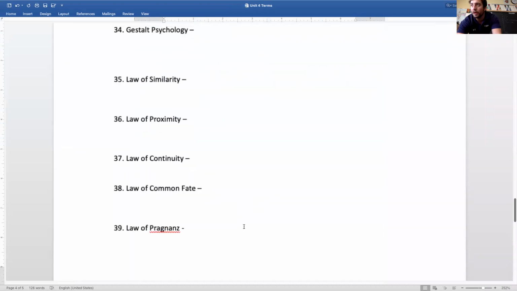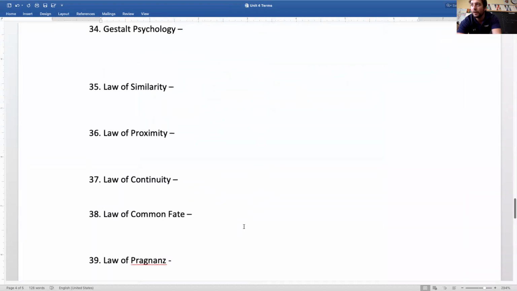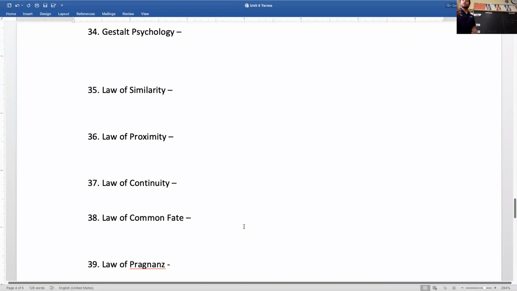But we're going to go over the laws and how we group certain things together to make sense of it. These are the last terms of the chapter. Once you're finished, at the end of class, you can turn in your vocab for this chapter. Receive points for it.